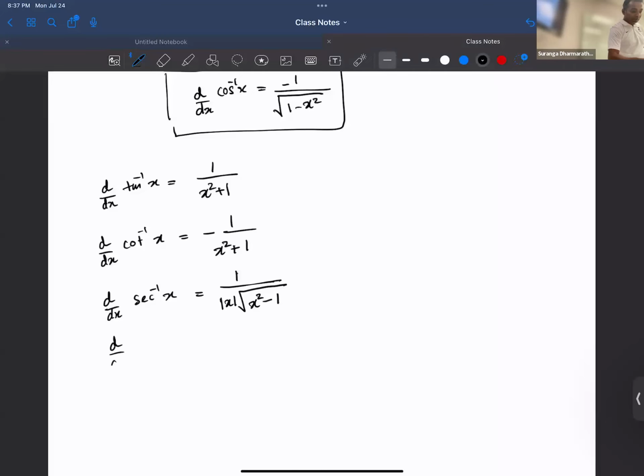And d over dx of cosecant inverse x is equal to negative 1 over magnitude of x times the square root of x squared minus 1. Those are also in your book.